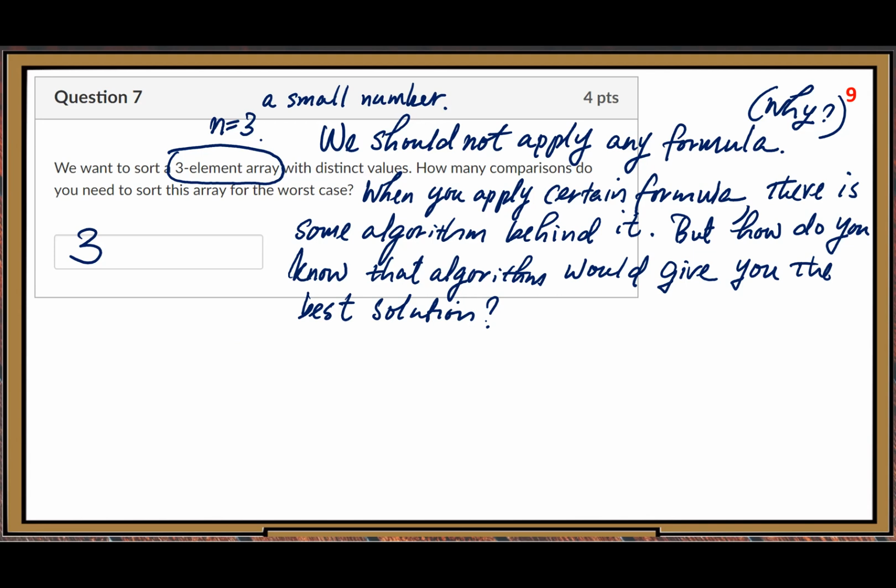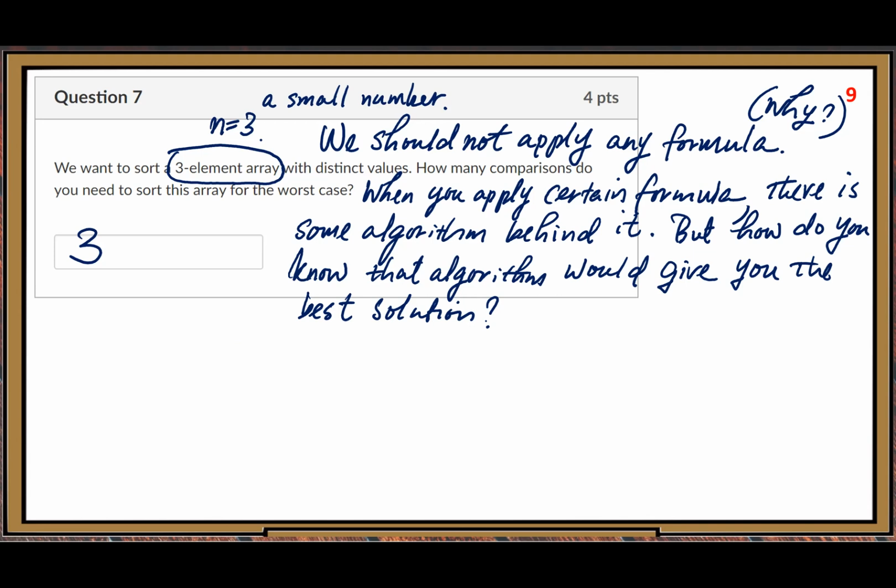But for this question, our goal is to find the minimum number of comparisons. Although I didn't say minimum, your answer should be the minimum, the best you can do. If it's not a minimum, you cannot get full credit. Only when your answer gives the minimum number of comparisons can you get full credit.